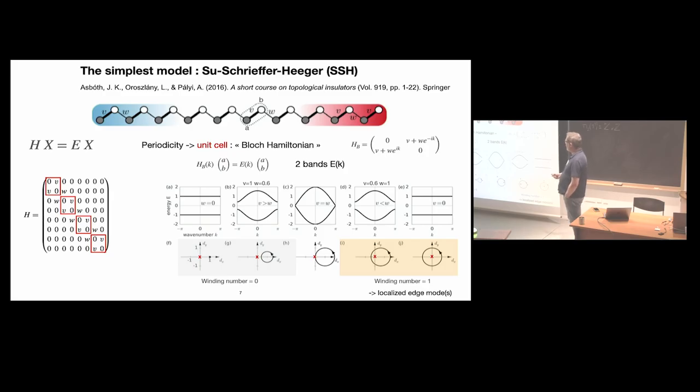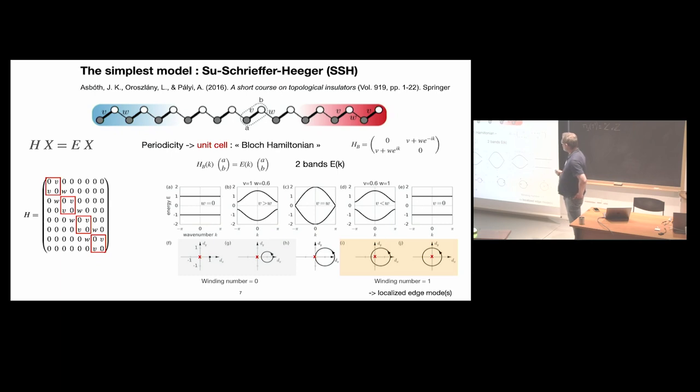So to repeat once again some aspects of this morning, if we consider this chain, the unit cell is the AB, then we can go to a block Hamiltonian that just takes care of the unit cell. The block Hamiltonian looks like this.